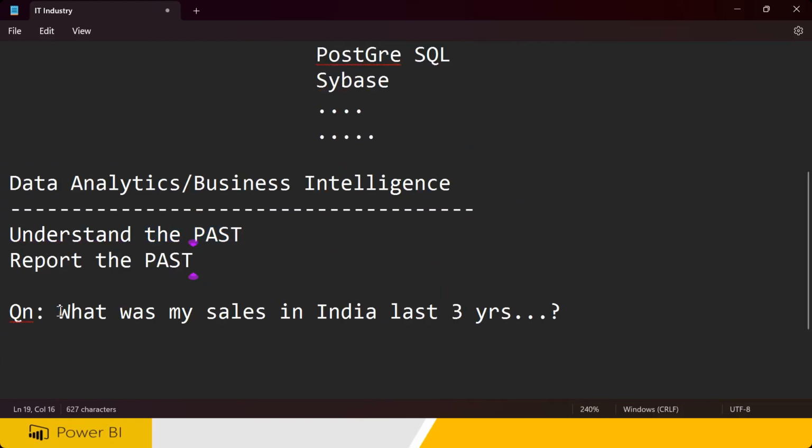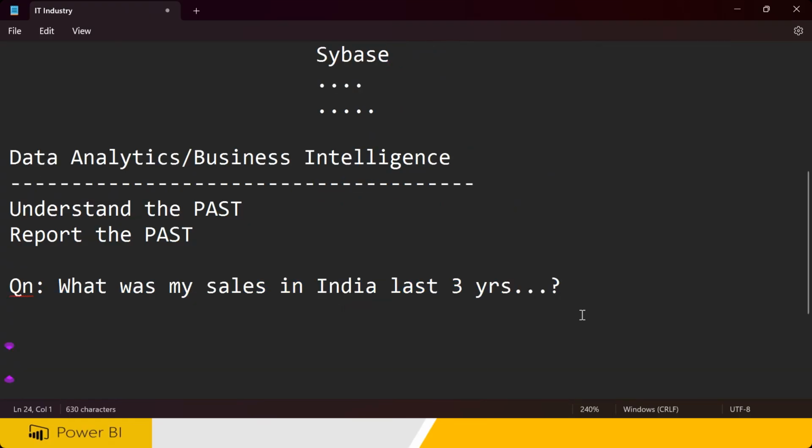A simple example is what has happened: what were my sales in India last 5 years, last 5 years Apple iPhone sales in India, last 5 years Sony TV sales in India, last 5 years sales across the globe, or India sales versus Europe sales. Clear? So understanding the past is called data analytics.